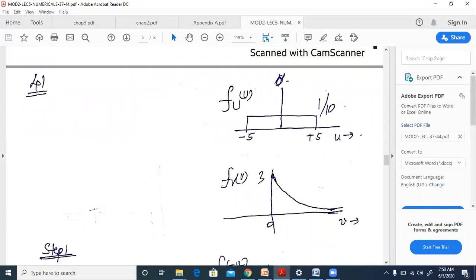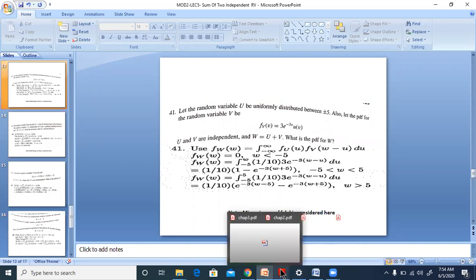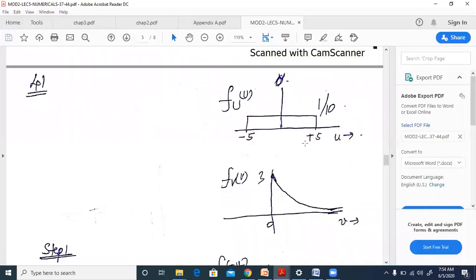Then we have f_V(v) as this exponential function, 3 e to the power of minus 3v u(v). If v is equal to 0, this becomes 3. If v is equal to infinity, this becomes 0. So the exponential fall will be there as it is over here.